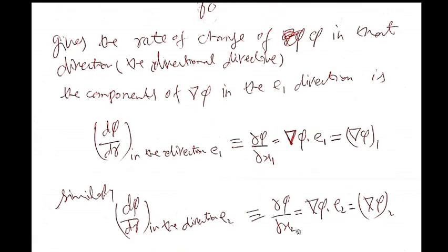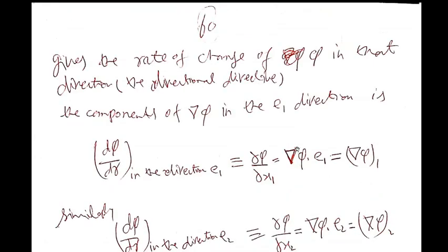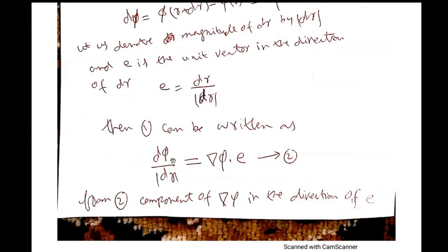Now what does equation number 2 say? It is telling that the component of del phi in the direction of e simply gives the rate of change of phi in that direction. The component of this vector del phi in this direction is simply the rate of change of phi in this direction.